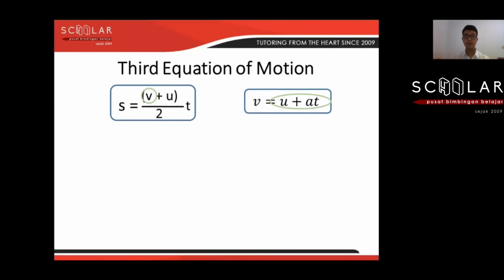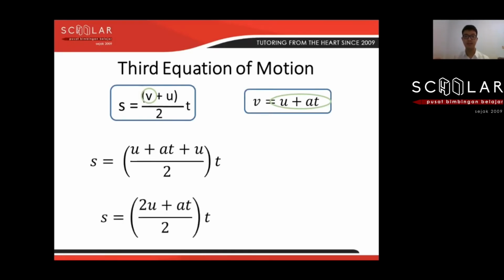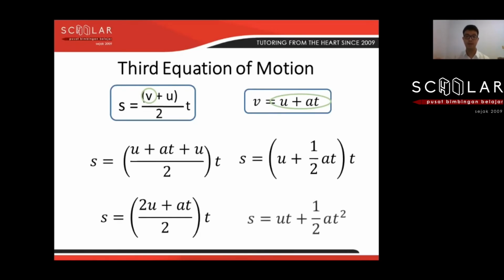After substituting, we will get s equal to (u plus at plus u) over 2 times time. Simplifying the terms inside the brackets will give us this expression. And further simplifying, we'll have s equal to (u plus half at) times t. And finally, by times the t inside the bracket, we will have s equal to ut plus half at squared. And here is the third equation of motion.